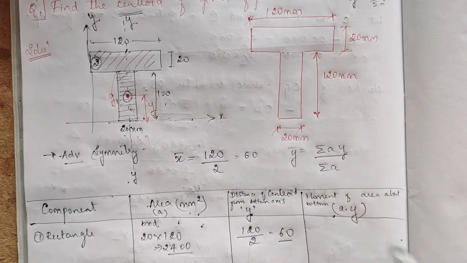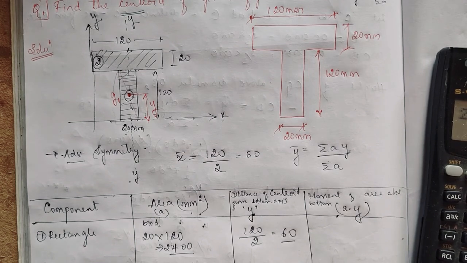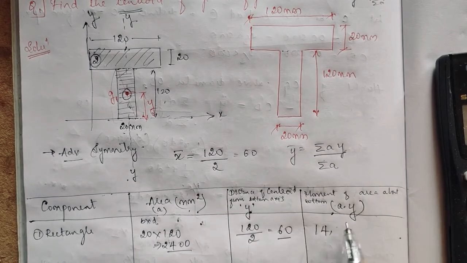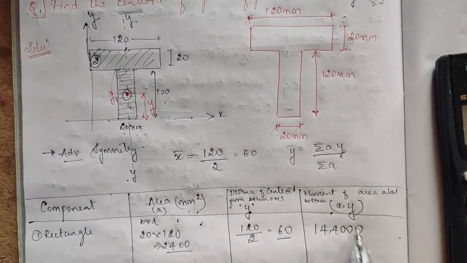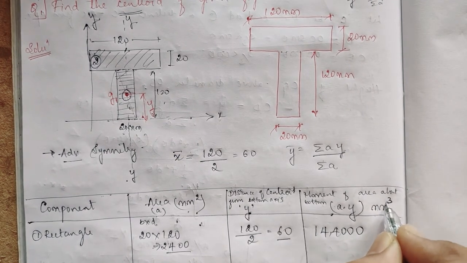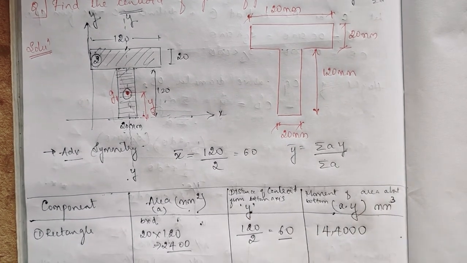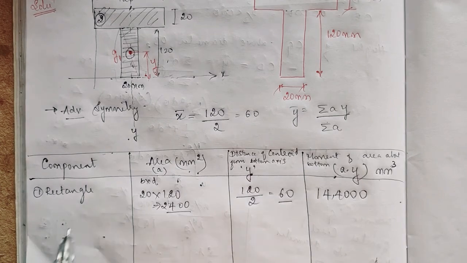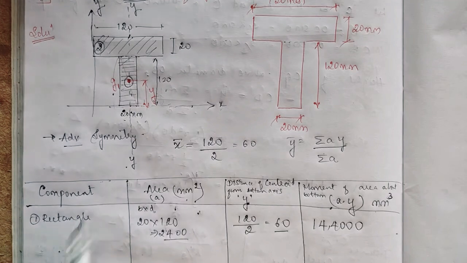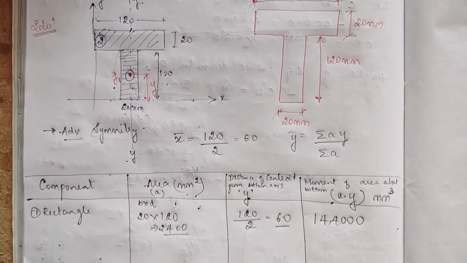Then 2400 into 60 is 1,44,000. This unit is mm cube, because area is mm square and y is mm, so it becomes mm cube. So we finished G1. Now we will go to the second diagram, that is the second rectangle.